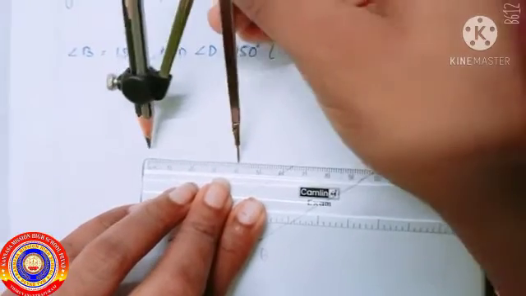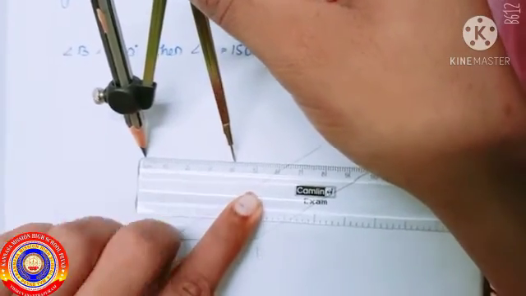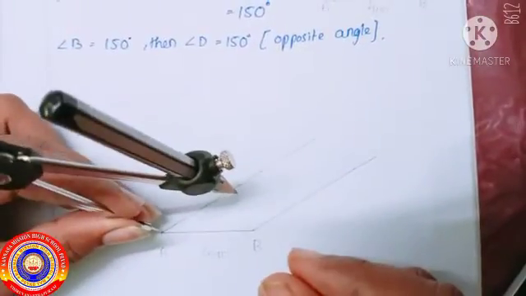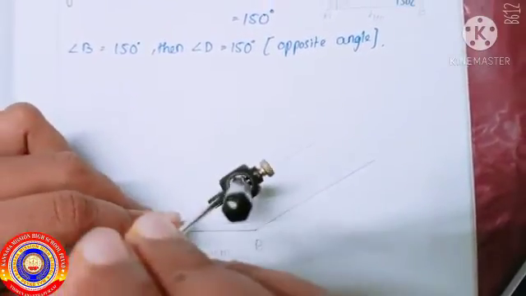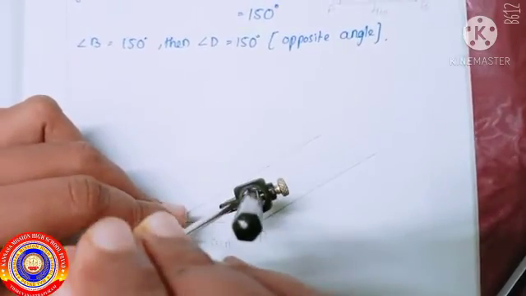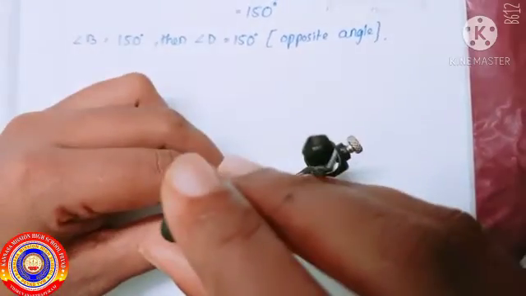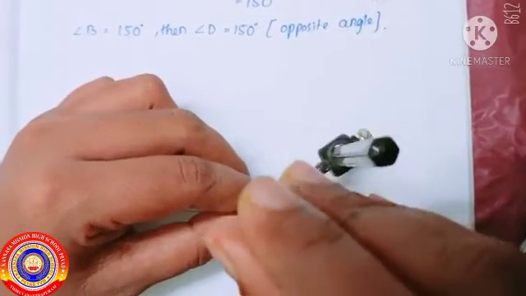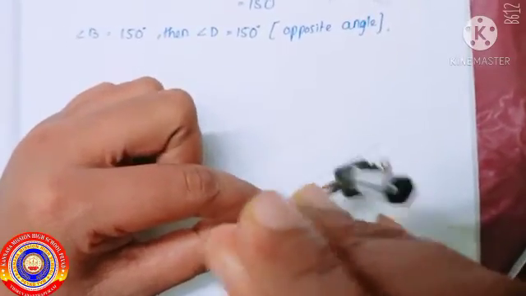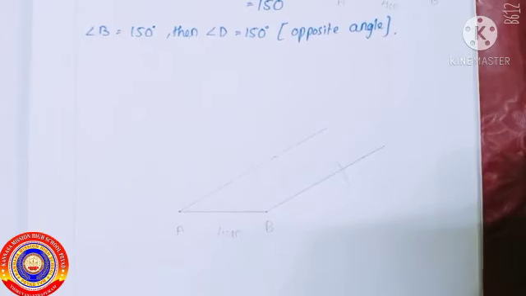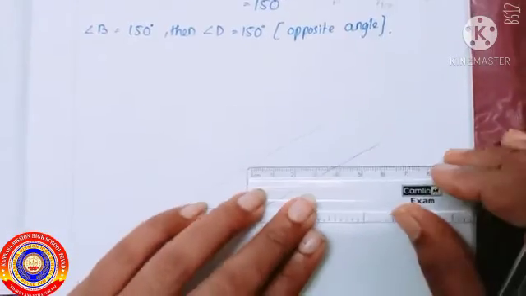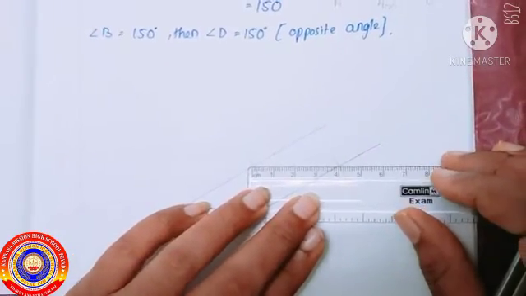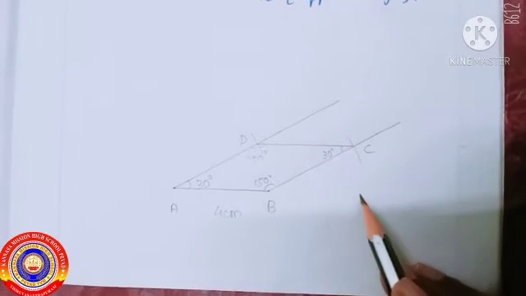Using a compass, measure 4 cm and place the compass at the point A and draw an arc on the line, and then place the compass at the point B and draw an arc and join these 2 points. Now we got the required figure.